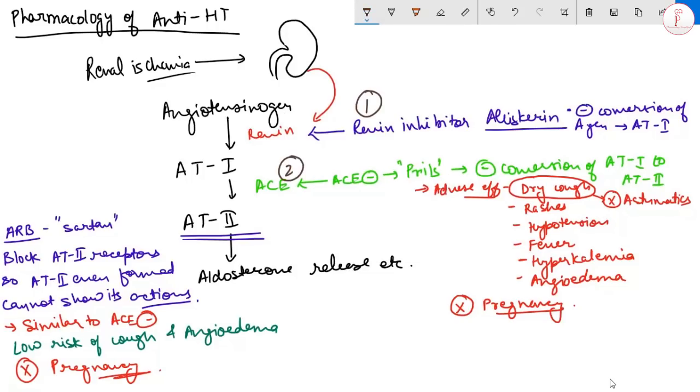So we have seen three potential targets: renin inhibitors, ACE inhibitors, and angiotensin receptor blockers. Angiotensin receptor blockers are better tolerated than angiotensin converting enzyme inhibitors. And if a patient has developed severe coughing, then we also recommend angiotensin receptor blockers.